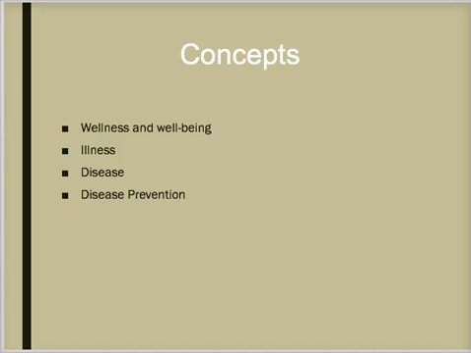It may or may not be related to disease, and it's very subjective. Disease is an alteration in body functions resulting in reduction of capacities or shortening of the normal lifespan. Disease prevention is defined as taking action to avoid later disease. There are 3 levels of disease prevention: primary, secondary, and tertiary prevention.